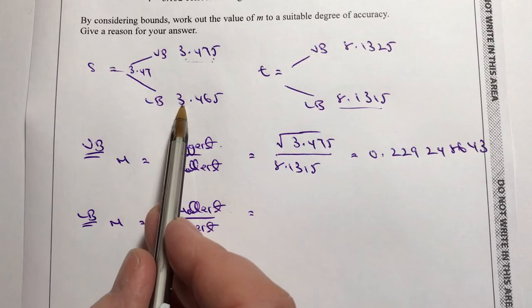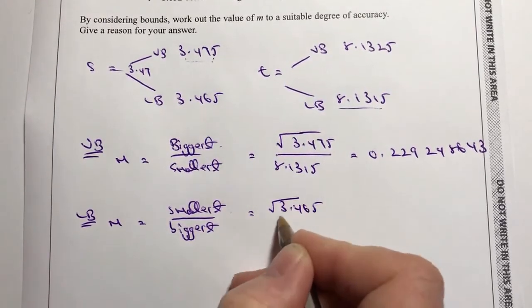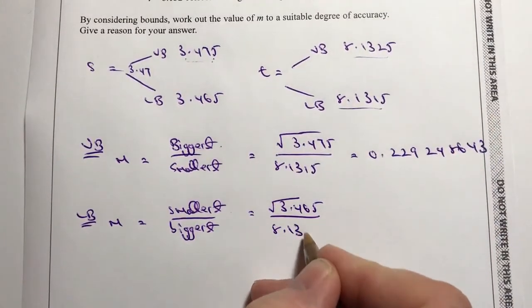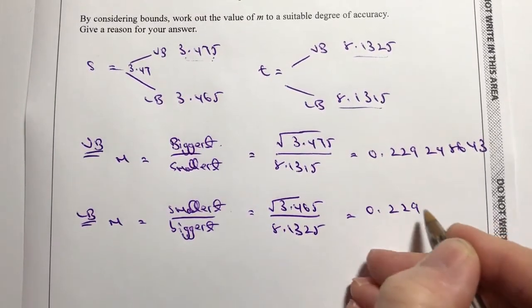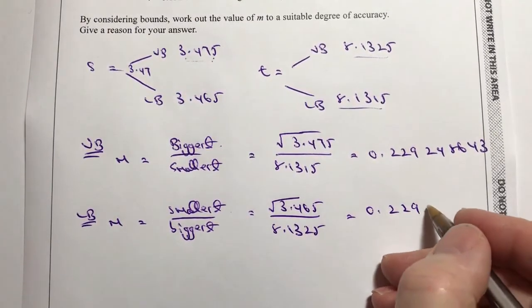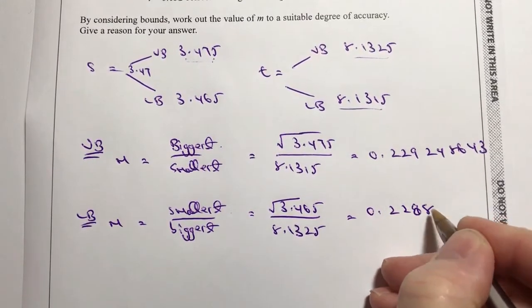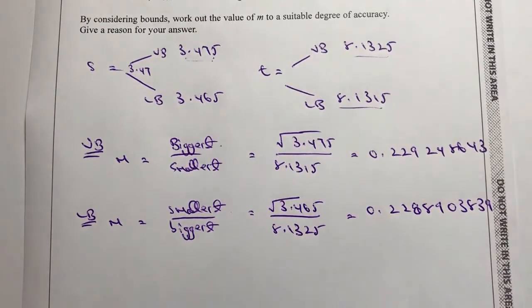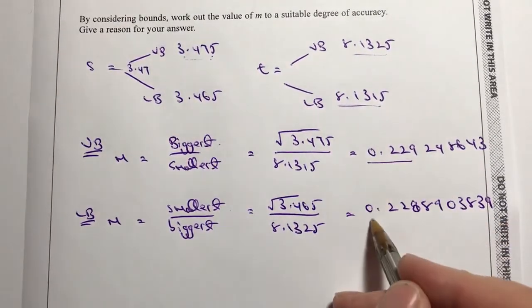I'm going to do the root of 3.465, divided by the upper bound, which is 8.1325, and that's going to give me 0.22889903839.